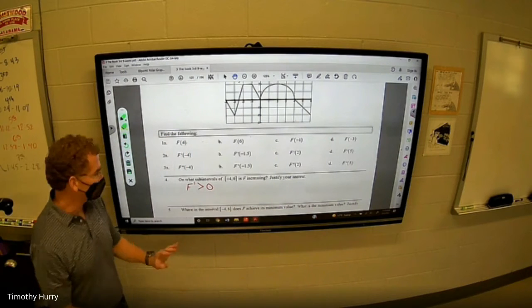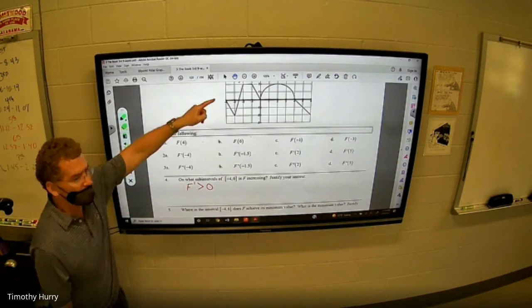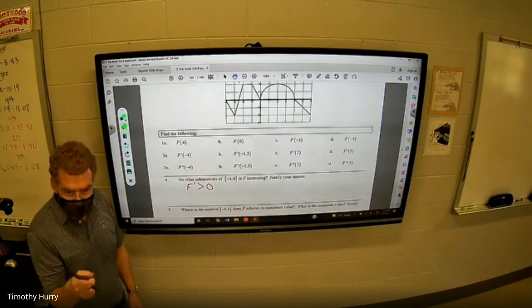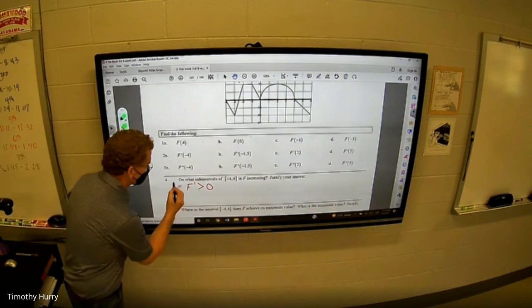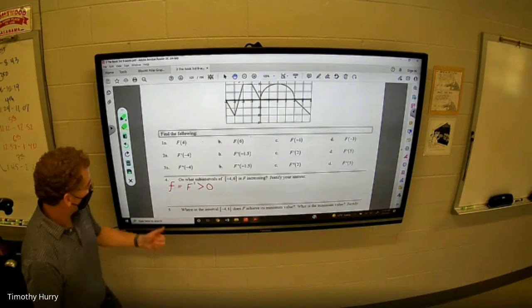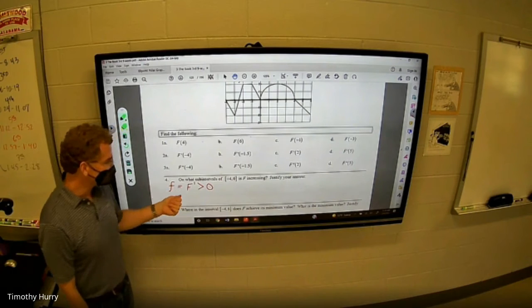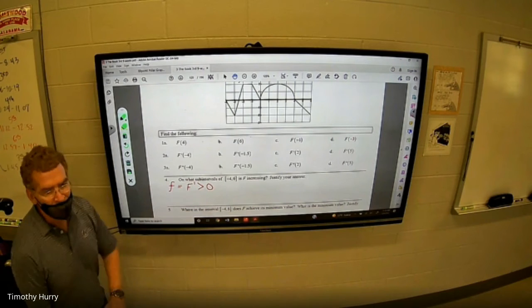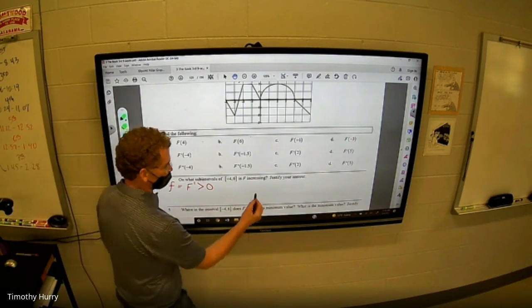But they all mean the same thing. Now, I haven't linked this yet. What was big F prime equal to? Little f. That's your justification. Hey, little f, which is the same thing as big F prime, is greater than 0 here. That is all you need to say for your justification.